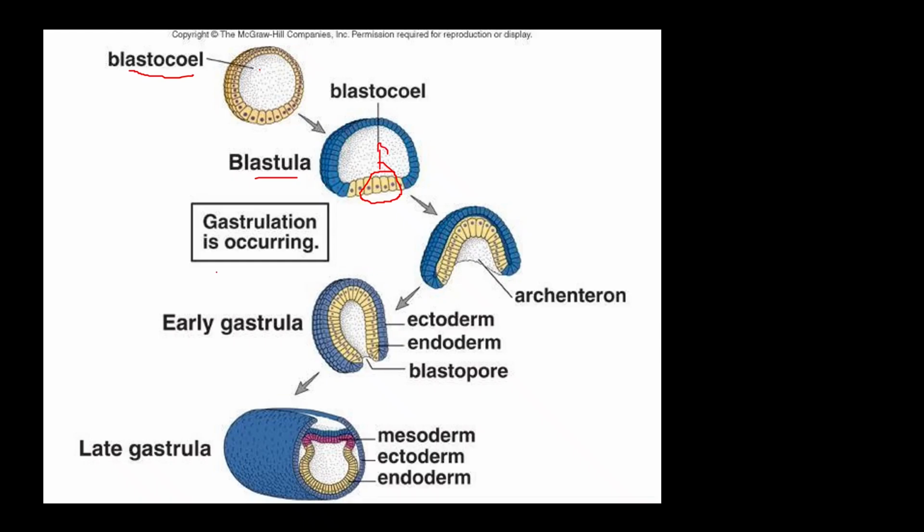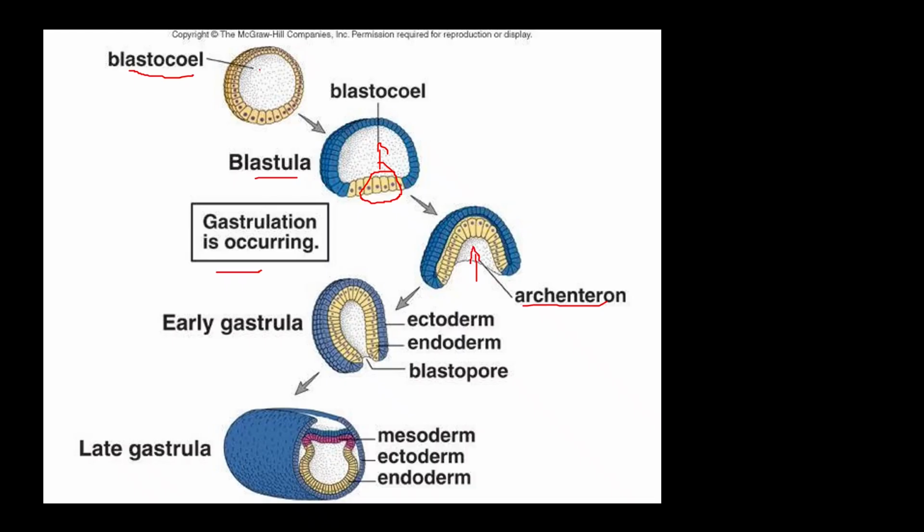Here is when gastrulation starts occurring, and you're going to start forming the archenteron, which is the origin of the digestive tissue, the digestive organs.